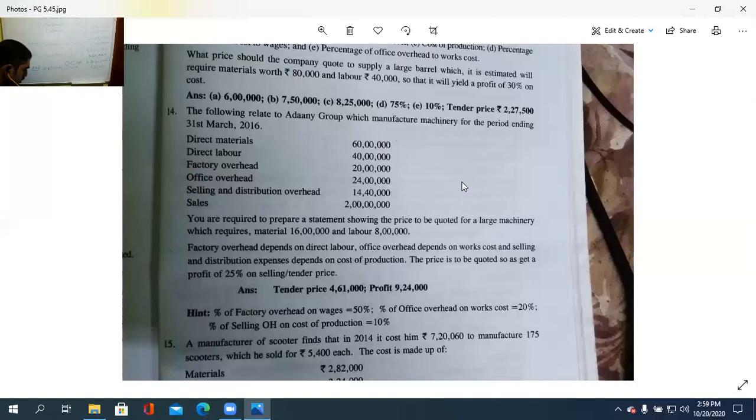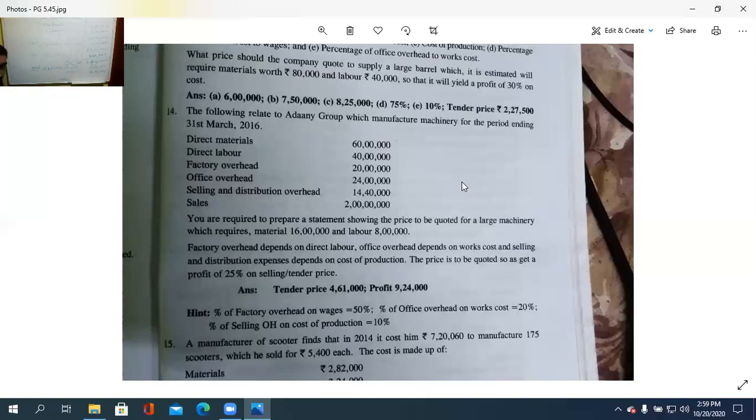So 33,60,000 plus 3,36,000 is 36,96,000. Then this is the cost of sales or TC. Then we need to calculate how much the sales is.